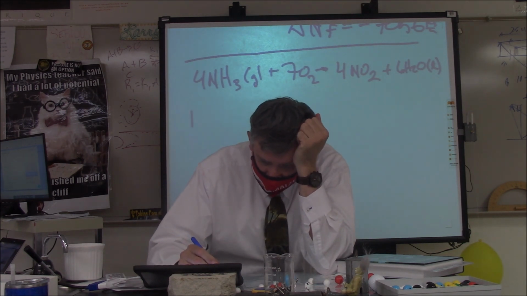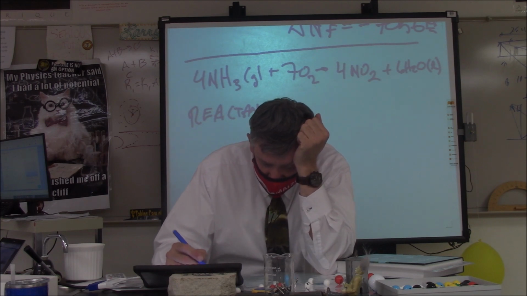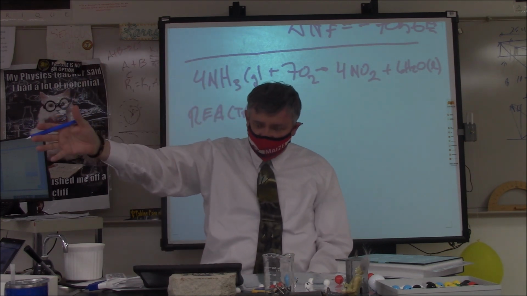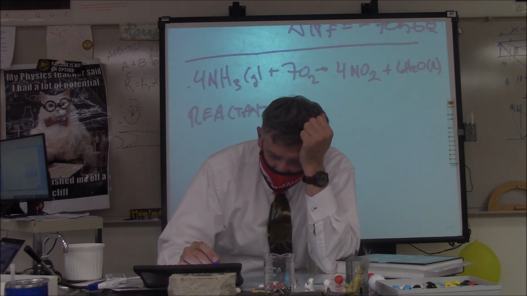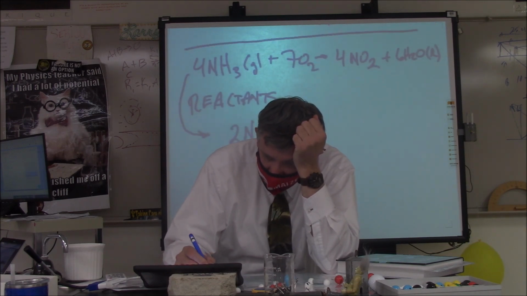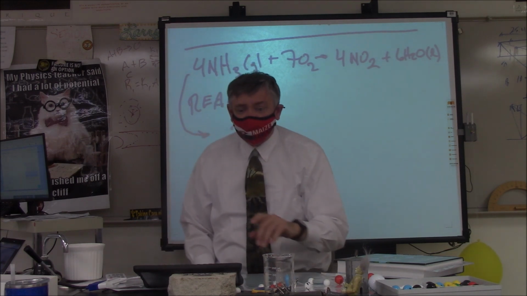So on the reactant side, after you break the bonds, okay? So if you were to look at this in terms of how you're going to make the stuff, if you were to look at just making that NH3, right? You would have 2 nitrogen molecules, and you would have a total of 6 hydrogens, okay?